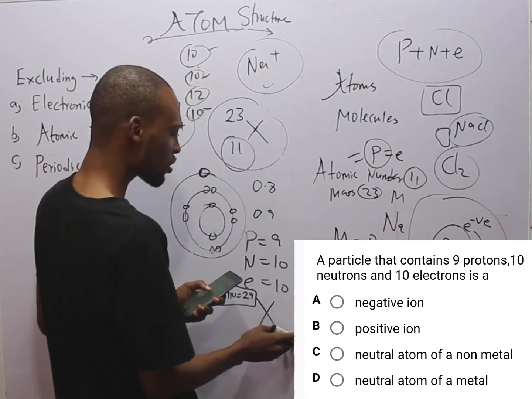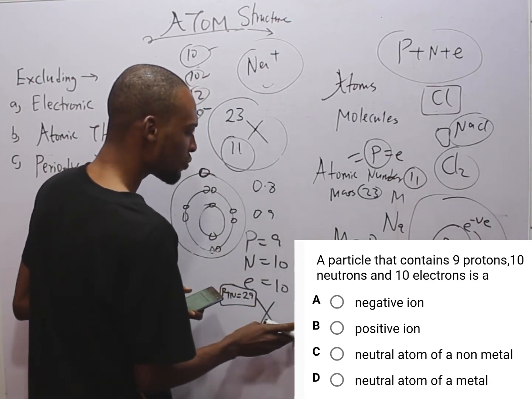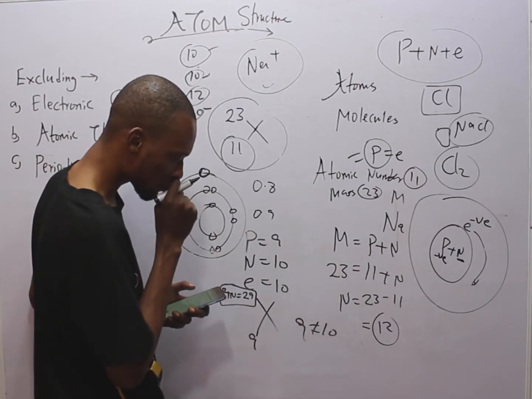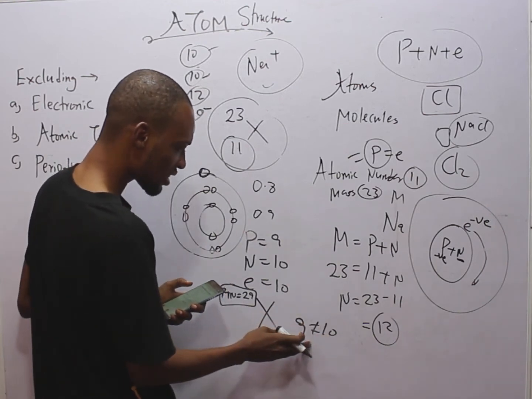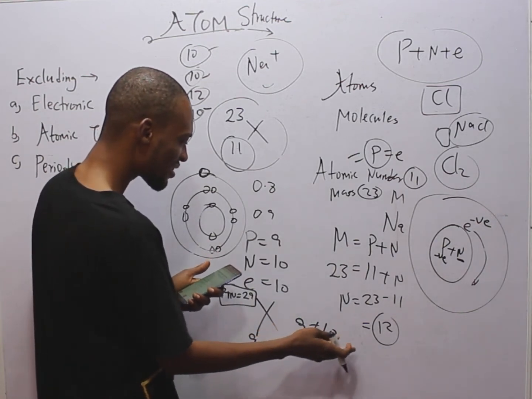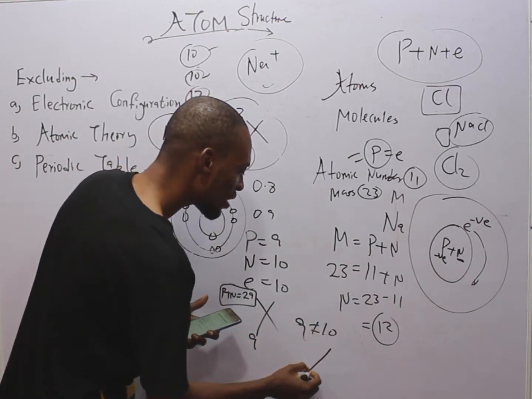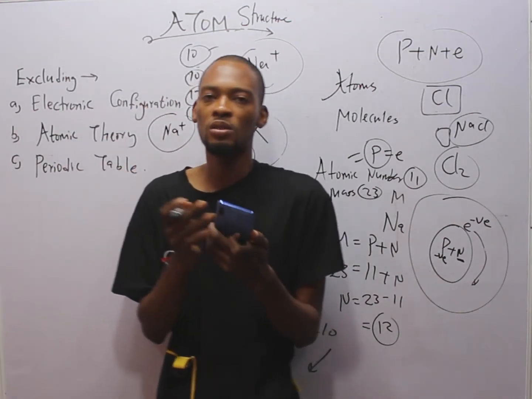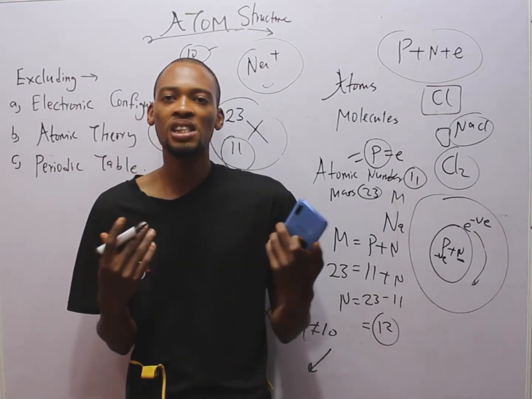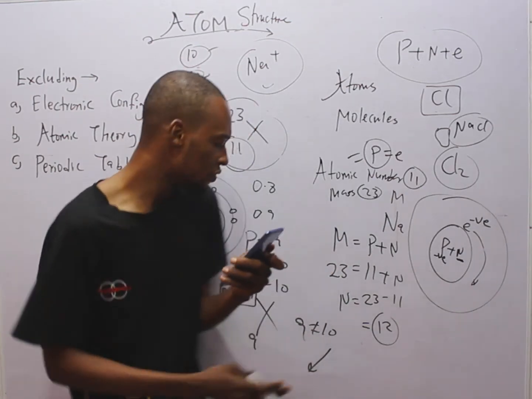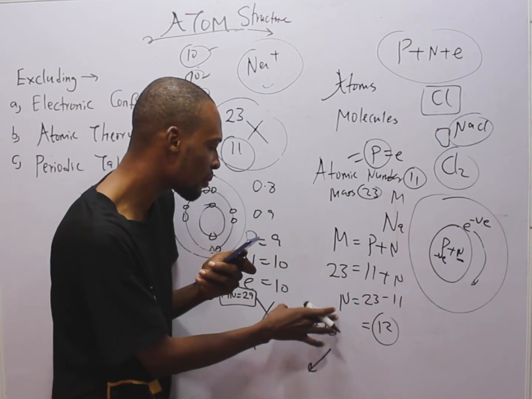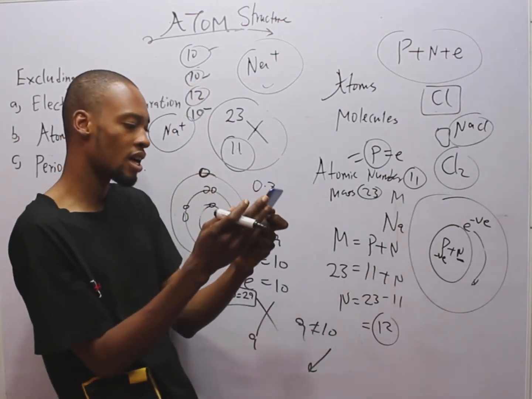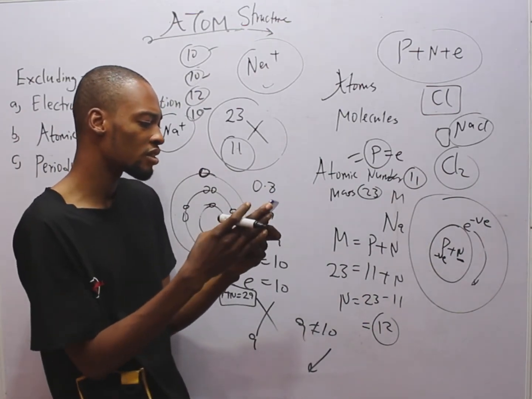The number of protons is not equal to the number of electrons. The number of protons is lesser than the number of electrons. So what is happening? This means that this particle has received electrons. So it has gained 1 electron. It will simply be negatively charged. So it is a negative ion, correct? When you receive electrons, you are negatively charged. Now, if the number of protons were greater than the number of electrons, it means it has lost electrons. So it becomes positively charged. So option A is correct.